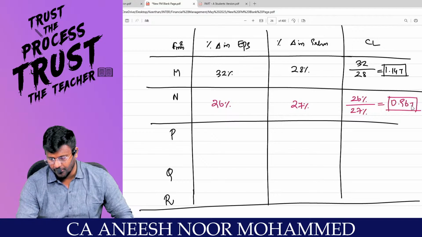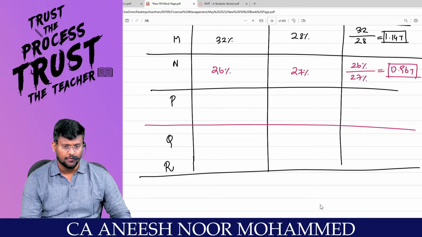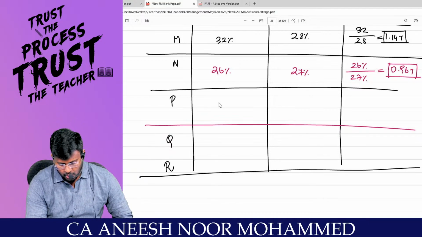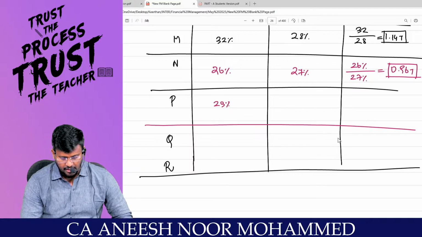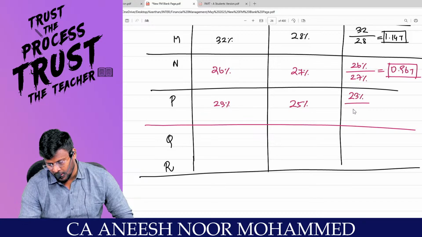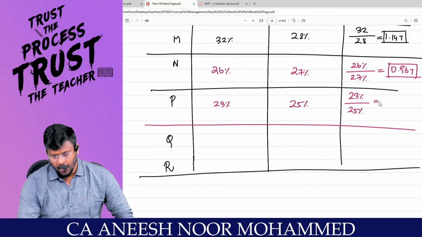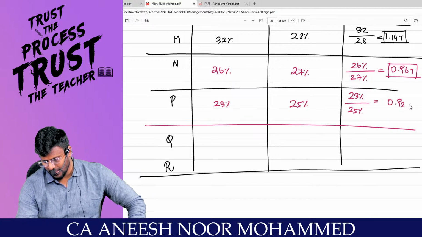So 26 percent divided by 27 percent comes to 0.96 times. Comfortable? What is the percentage change in EPS of the firm P? 23 percent. What is the percentage change in sales? 25 percent. So 23 divided by 25 comes to 0.92 times.